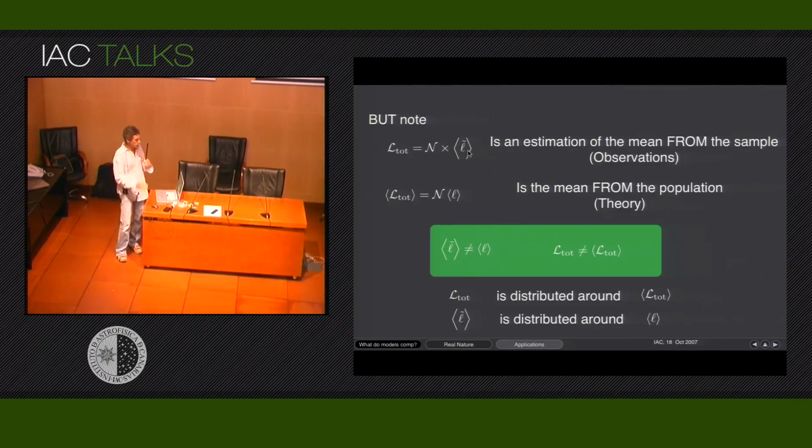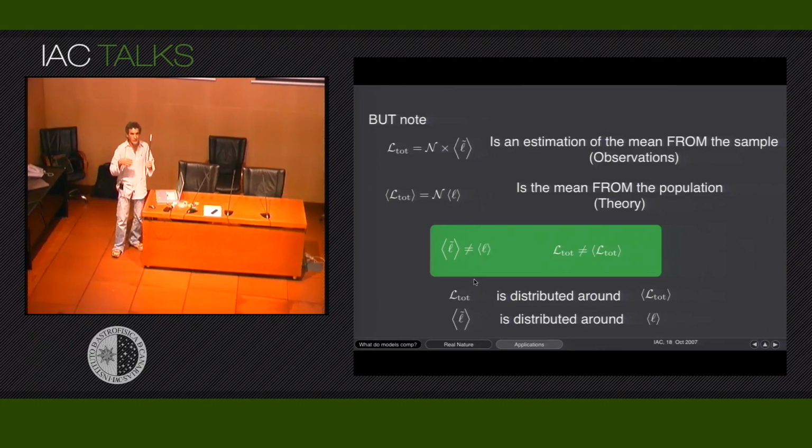If you take a color, you divide it by different wavelengths, so you obtain a color that is independent of the total number of stars, but this color is not exactly the color that you obtain when you work theoretically. This is an estimation of the color that you have from the observation, and this is the mean value for the theoretical population, for the theoretical distribution.